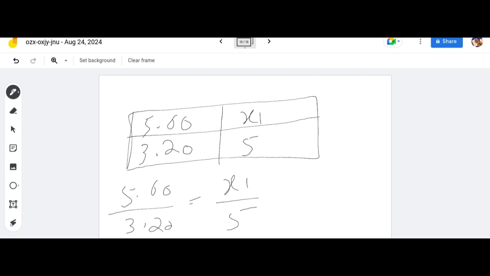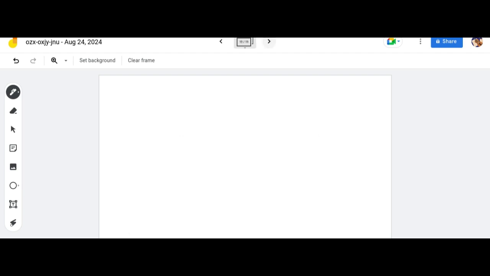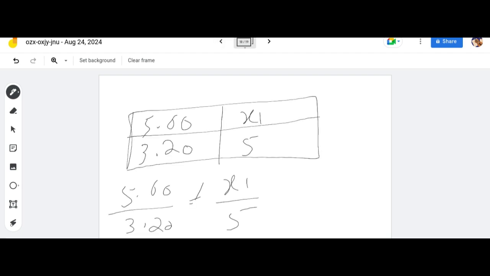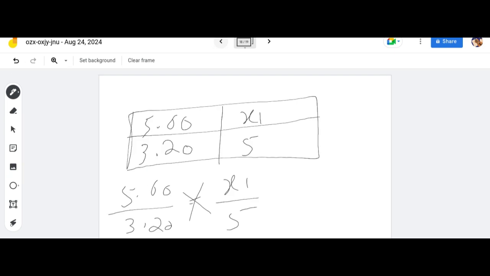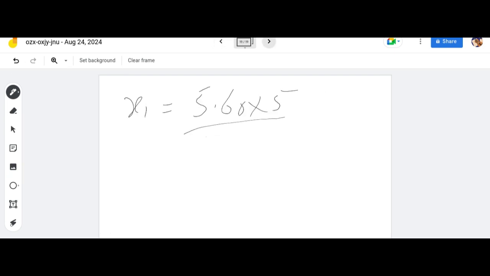Yes. So x1 here, and cross multiplication: 5 multiplied by 5.60, and the remaining value will be 3.20. Now solve this for x1.